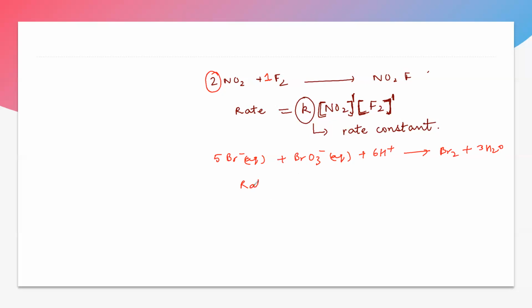First write the rate, put the rate constant K, then write the molar concentrations. So molar concentrations of Br negative, BrO3 negative, and H positive. And now they all are raised to some power. So here this is 1, 1, and for this it is 2.